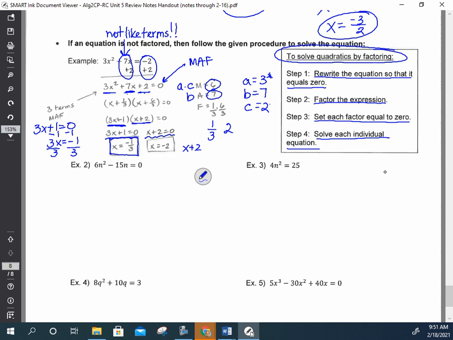For x plus 2 equals 0, we would subtract 2. x equals -2. So that's the 4-step process that we're going to take if we are factoring it. Any questions before we continue?